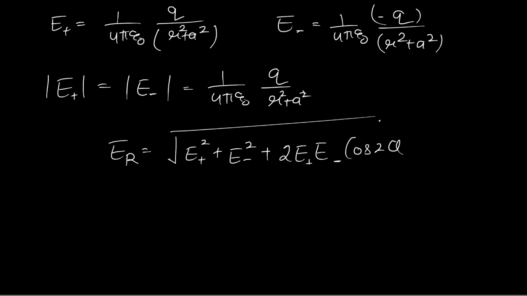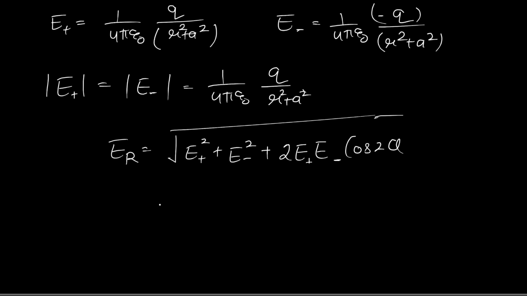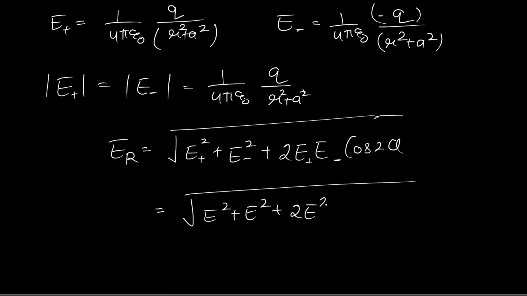Then you have to make some use of trigonometry also. Be careful while dealing with it. The magnitudes are equal, so you can take E square plus E square plus 2E square cos 2 theta.